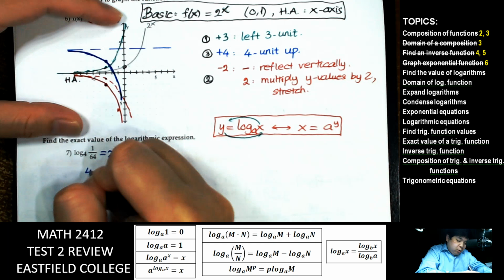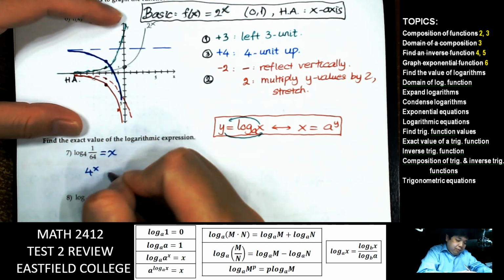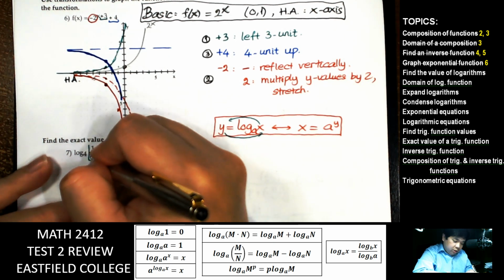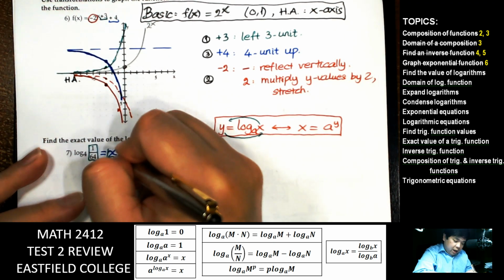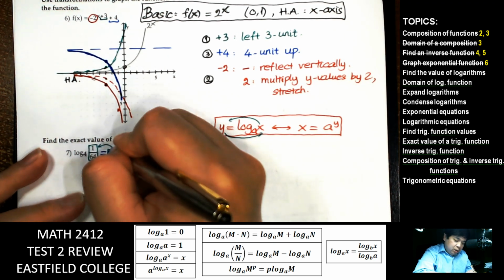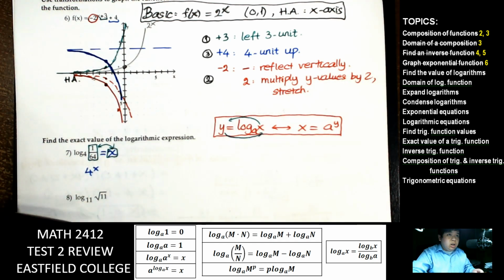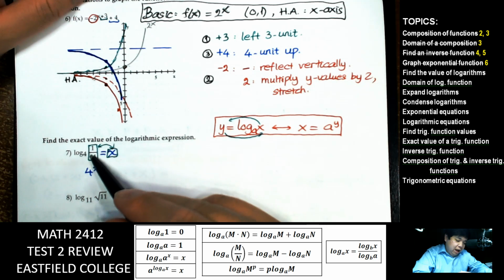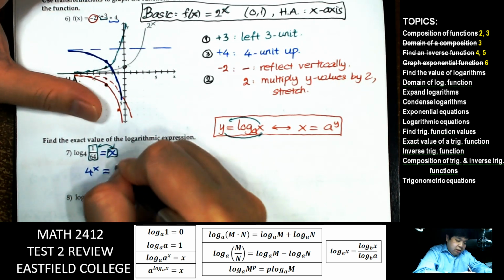It becomes 4 to the x. So we just swap the 1 over 64 and the x. So we have 4 to the x equal to 1 over 64.